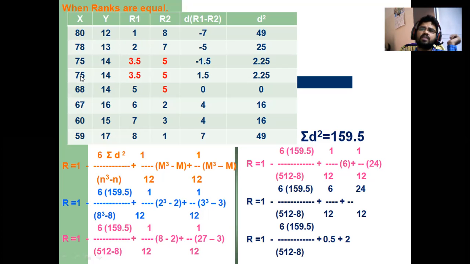How can we give third and fourth? We cannot simply give third to one. If I give this person the third rank, the other person may feel, why has he not given me the third rank, instead of the fourth? So we have third rank and fourth rank to share.